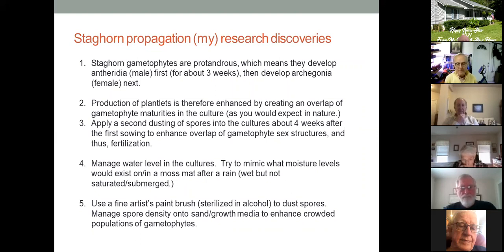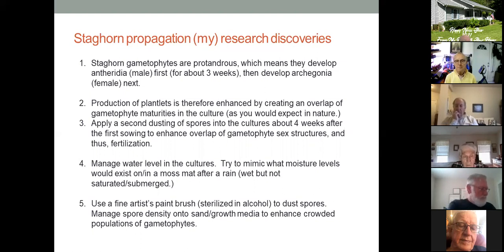And from a propagation standpoint, this is very important, because if the gametophytes are going through a male cycle for a few weeks and then they switch and become female, you're not going to get a lot of fertilization, and therefore your propagation yield is going to be really low. So what I discovered is I could enhance the production of staghorn ferns by overlapping the sowing.